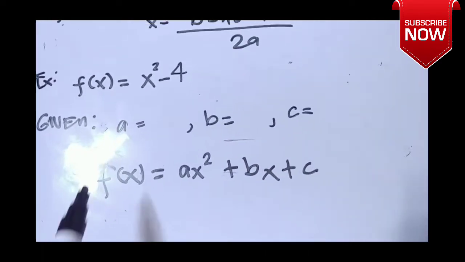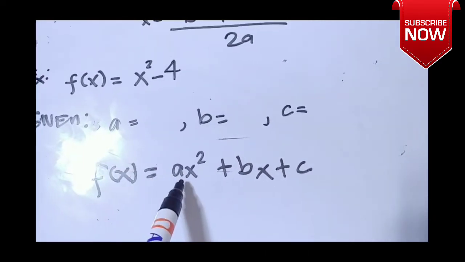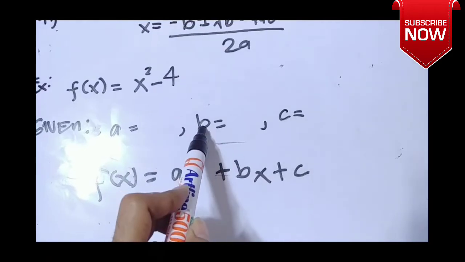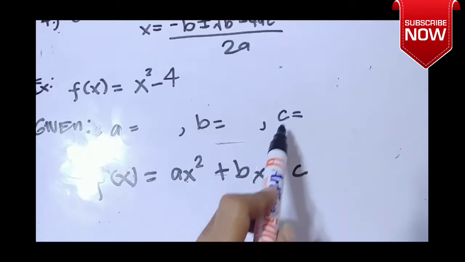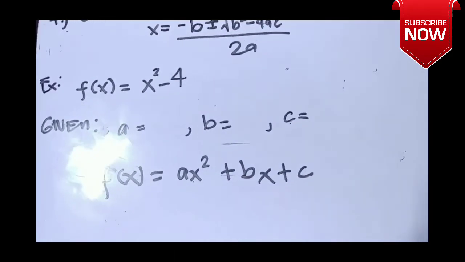Yung a galing sa ax squared, coefficient ng x squared. And then yung b, coefficient ng x. At yung c naman, yan yung constant term.